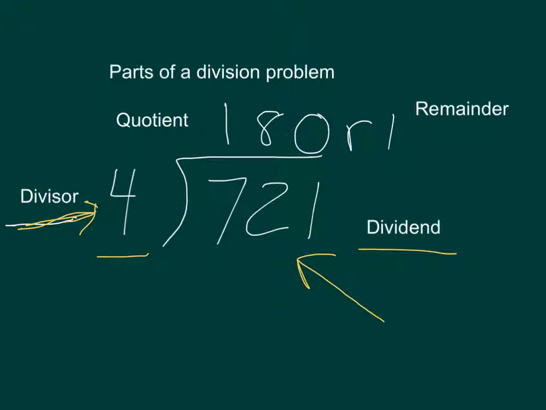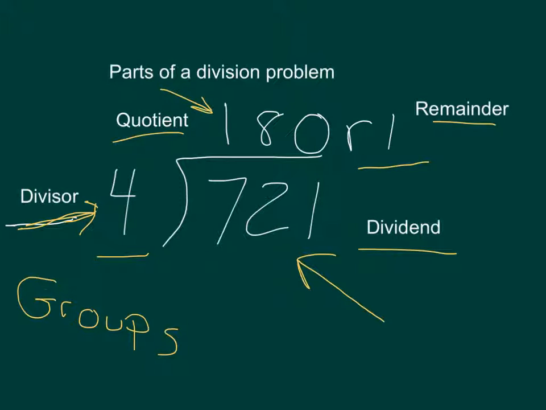And now the quotient is the answer to a division problem. In this case it is 180, and then the remainder, of course, is what I have left over. In this case I have remainder 1. So my divisor is the number of groups I have.